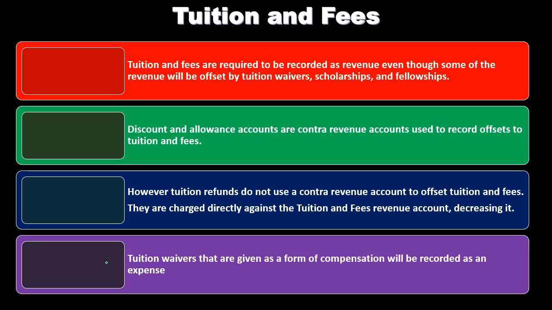Tuition waivers that are given as a form of compensation will be recorded as an expense. So in other words, what if this waiver that we gave, we said, hey, you're not going to have to pay us, we're going to waive the charge to the tuition, but the only reason we waived it is because you worked as, say, a TA or something like that for the institution. Well, then it wasn't exactly waived, it was basically services were done. So therefore, if we were to record this, we're going to reduce the receivable, but then we're not going to have to reduce the tuition or have some other contra revenue account.